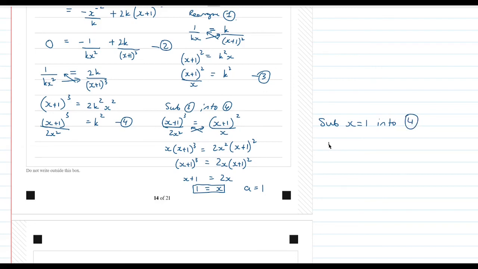We have 1 plus 1 cubed over 2 times 1 squared equals k squared. So this is 2 cubed, which is 8, over 2 times 1 squared, which is just 2. That's going to be 4. And so k is going to be the square root of 4, which is plus or minus 2.